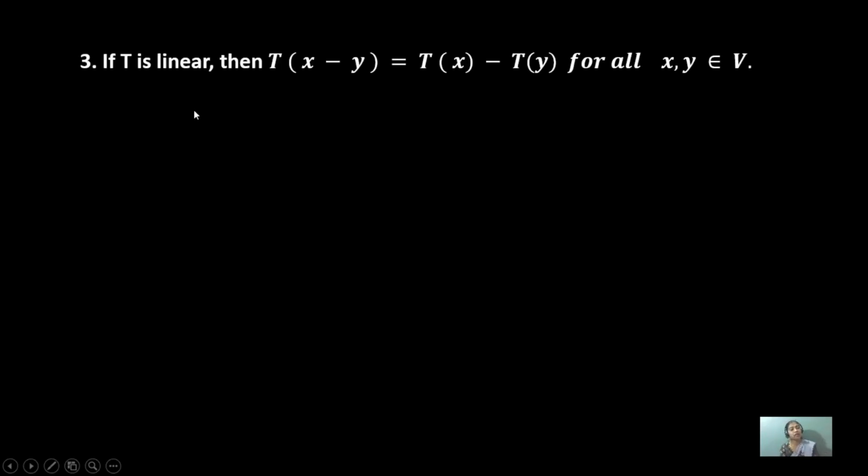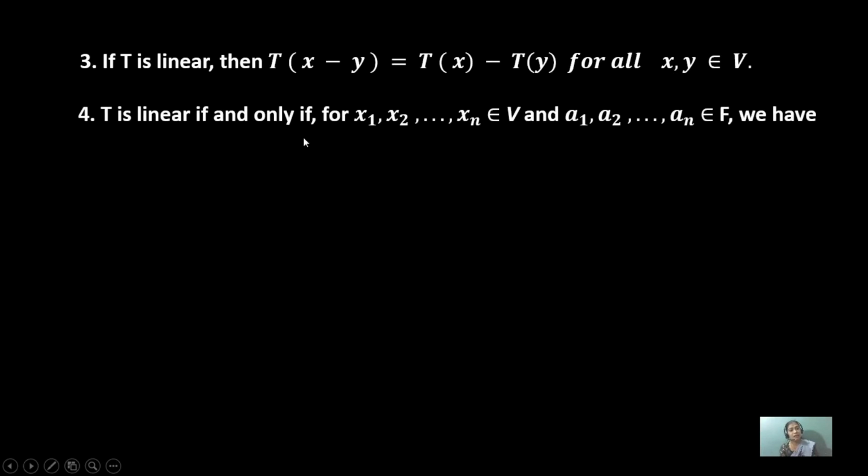Third point: if T is linear, then T of x minus y equals T of x minus T of y, the same condition applied for addition as well as subtraction, for all x, y elements of the vector space V.